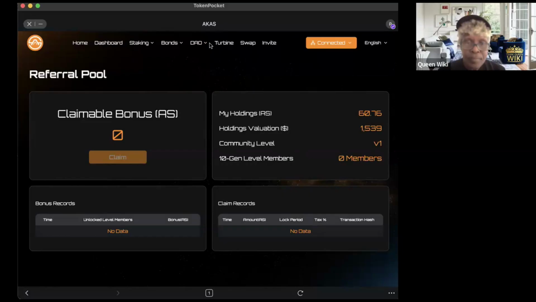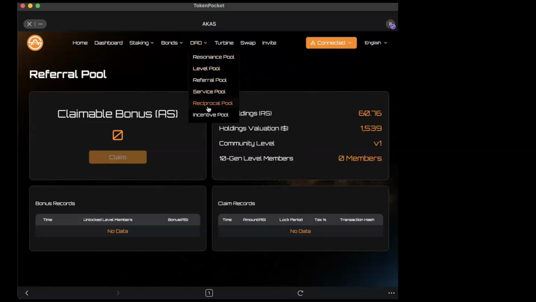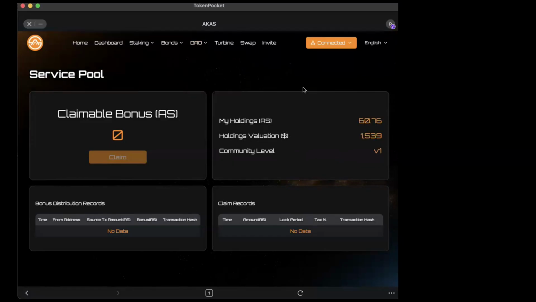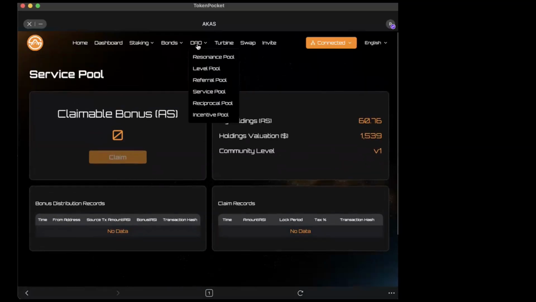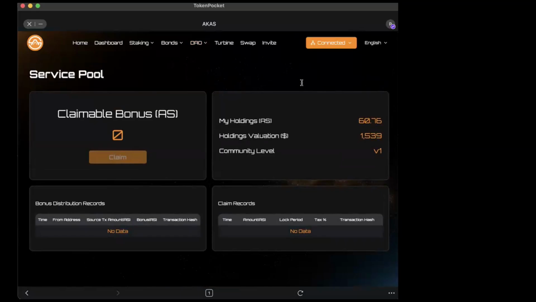Okay, so the next one will be the service pool. This service pool is for your direct downline who have stayed more than 180 days.